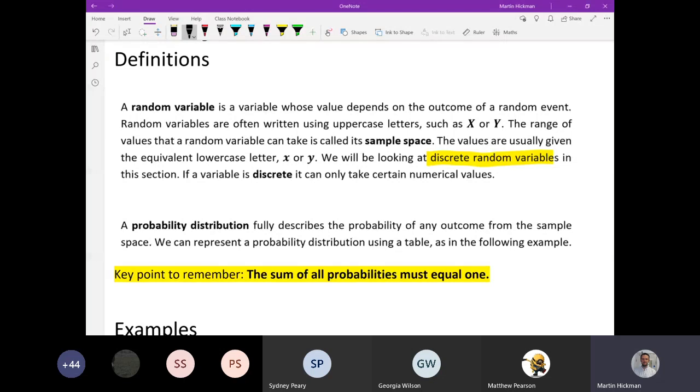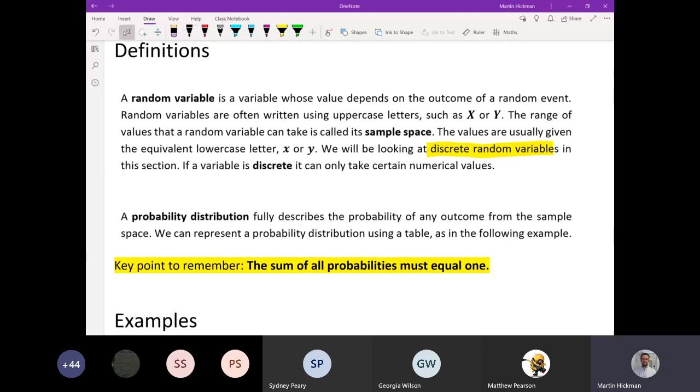So when we did normal distribution, we would look at continuous data, things like height, things like weight, where you can have anything between 177 and 178 centimeters. All sorts of numbers can exist in between that. But we're looking at discrete data today. So if you roll a dice, you can only get a 1, 2, 3, 4, 5, or 6 if it's a 6-sided die. You can't get anything between a 1 and 2.